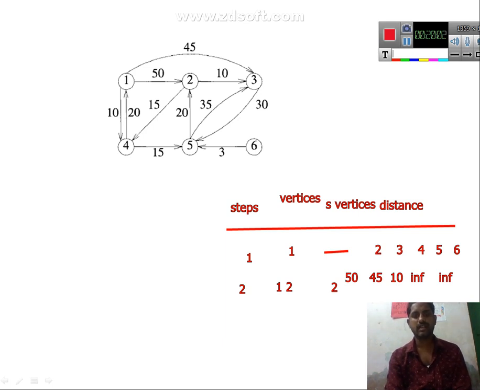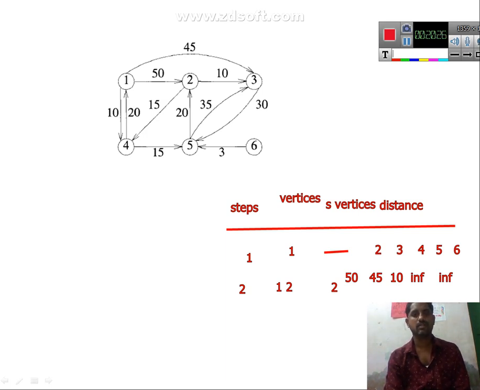Then next one we go for the next minimum. Which is the minimum? 45. Next one is 10. So go for the 10, that is the 3.